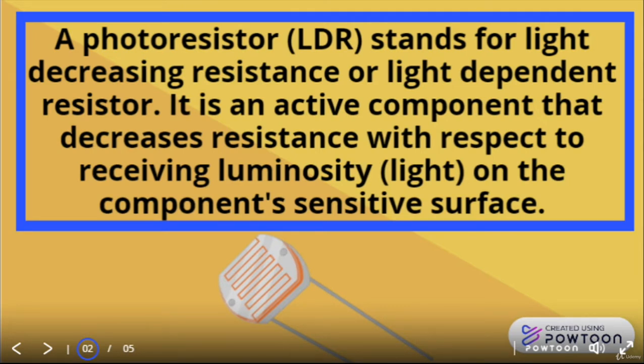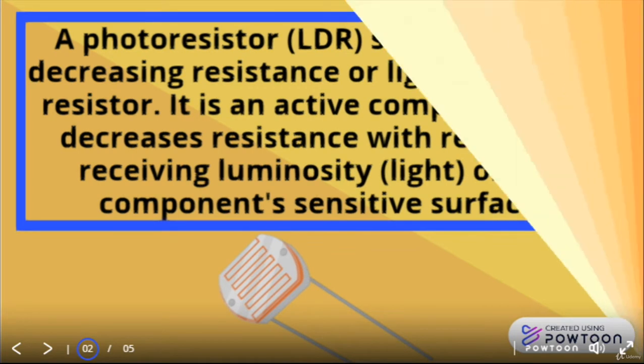It is an active component that decreases resistance with respect to receiving luminosity, that is the light, on the component's sensitive surface. That means the resistance of the LDR decreases with the density of the light on its sensitive surface.